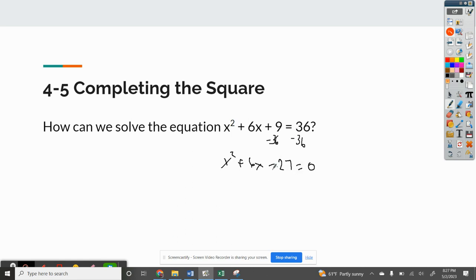And that's something you can factor, because you can do this as plus 9 and minus 3: x plus 9, x minus 3. And so your two solutions will be negative 9 and positive 3.